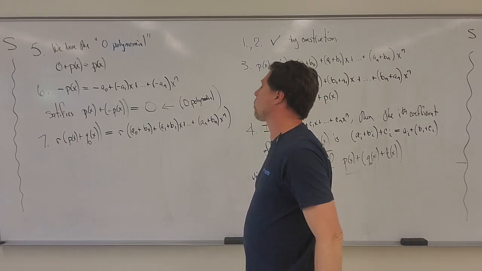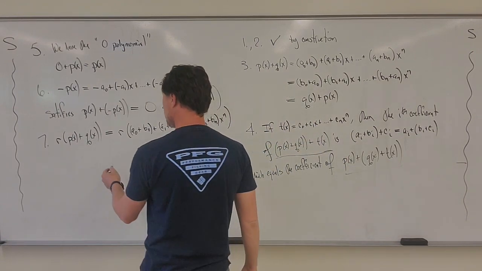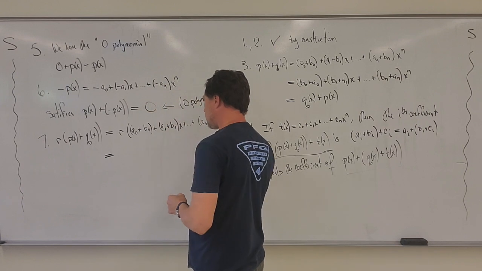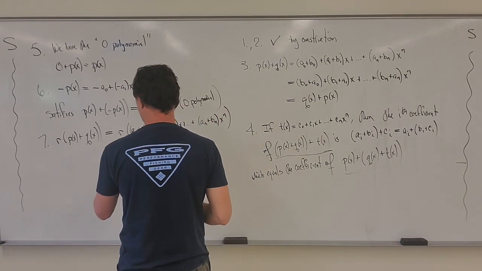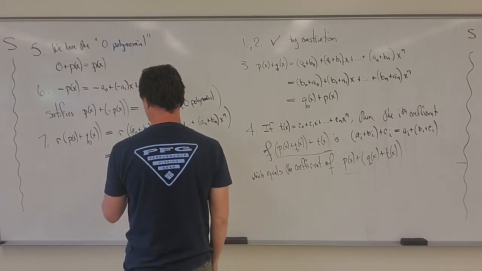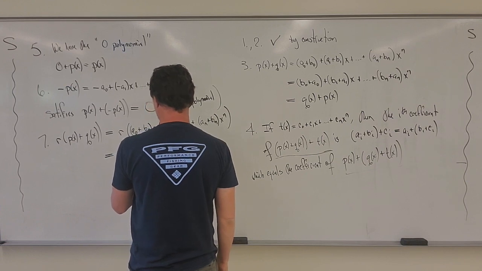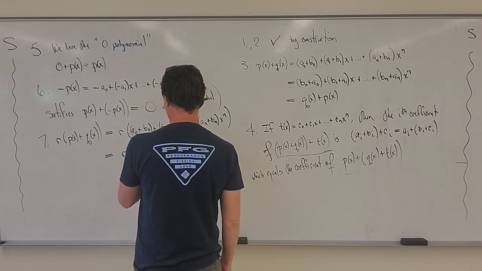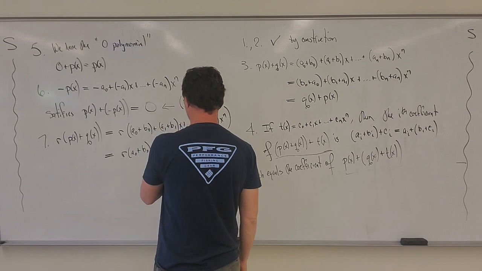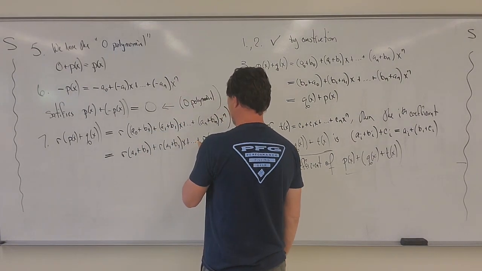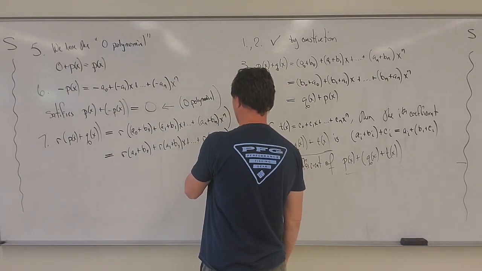And then if we distribute here, we know how to do this right here. This is going to be r times (a0 plus b0) plus r times (a1 plus b1) x plus dot dot dot plus r times (an plus bn) x to the n.